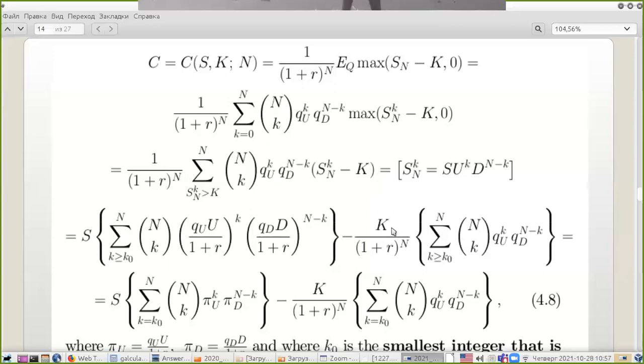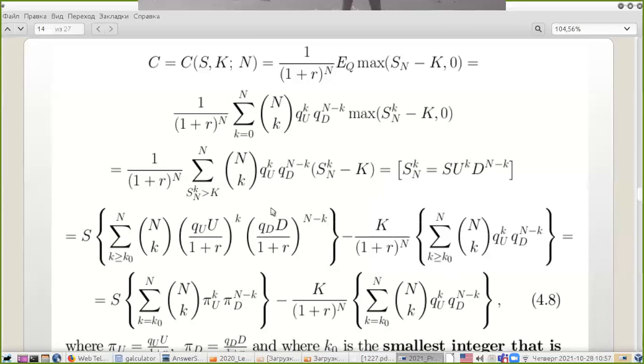This K is the strike price. So it will be this minus K on all this, yes? This formula and 1 plus R to the power n.